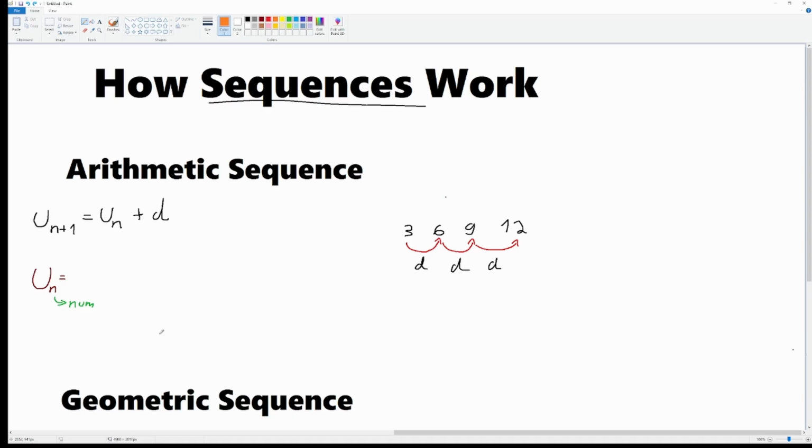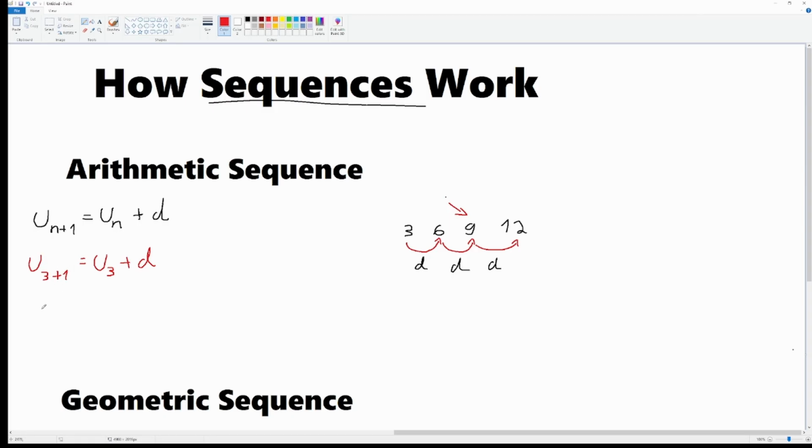So if we go back to our main formula, we see that u(n+1). So for example, let's take a random term. Let's take 9 for example. So we're searching for u3 plus d, and u3 plus 1.